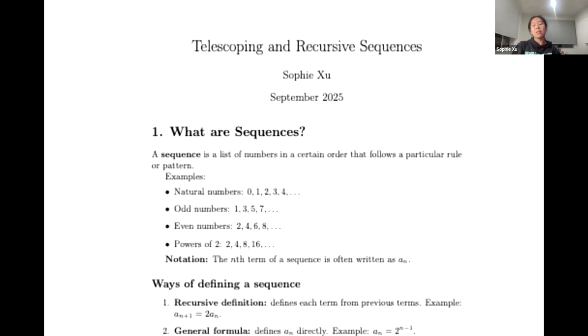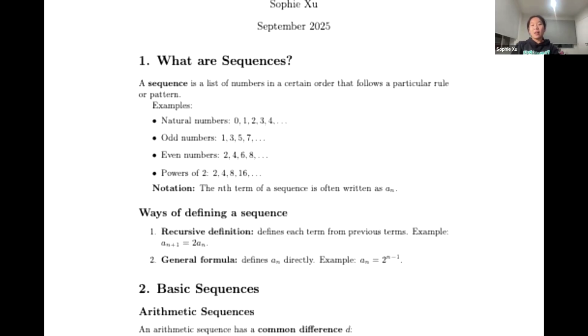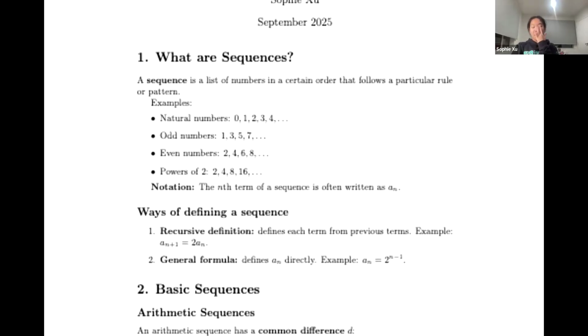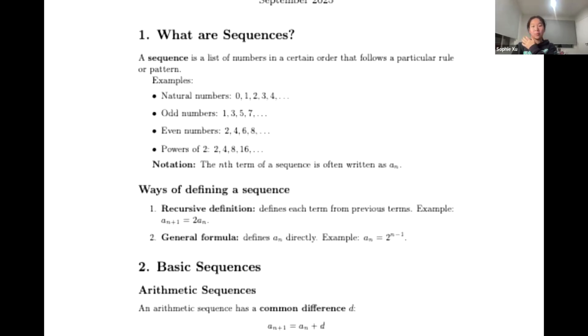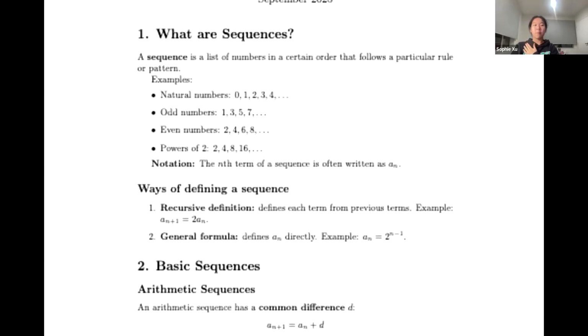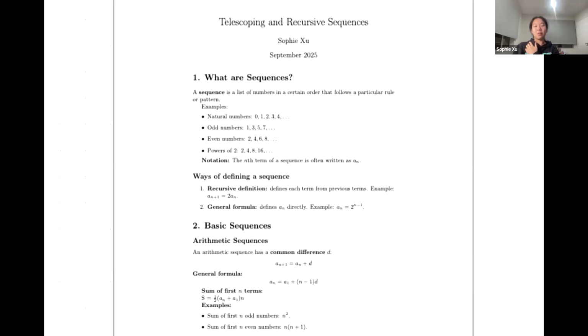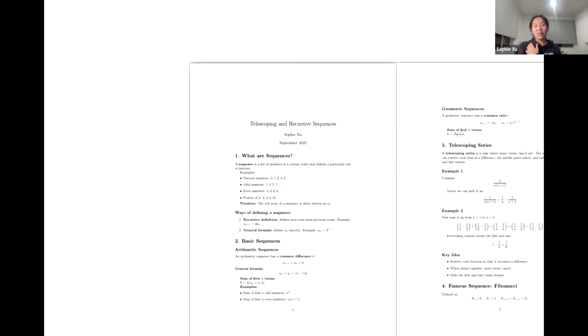And recursive sequences are just sequences where each term is defined from a previous term. For example, all arithmetic sequences or your normal patterns like 1, 3, 5 and stuff.